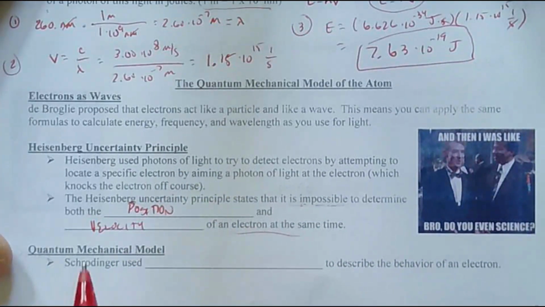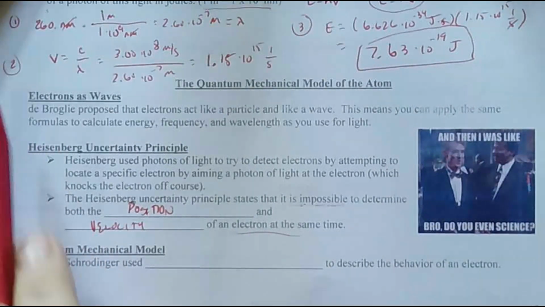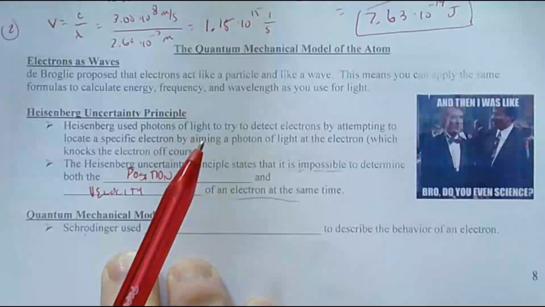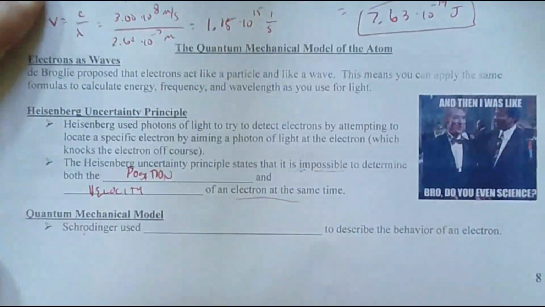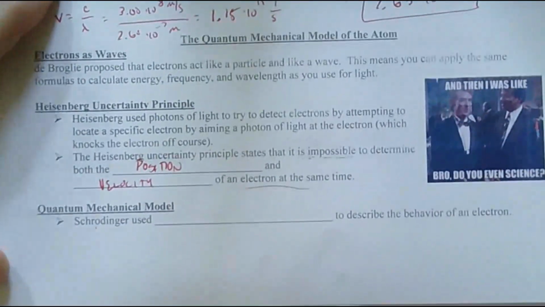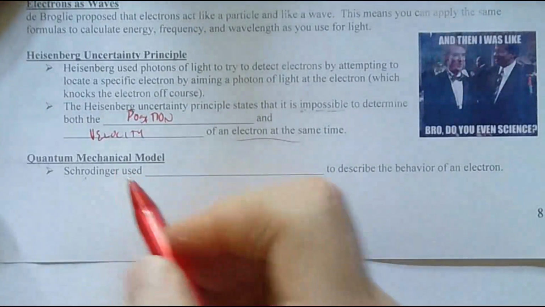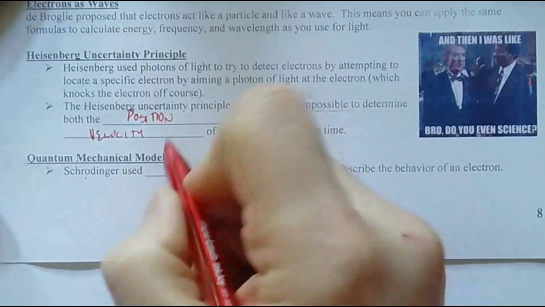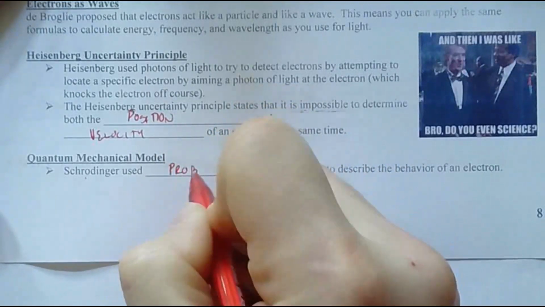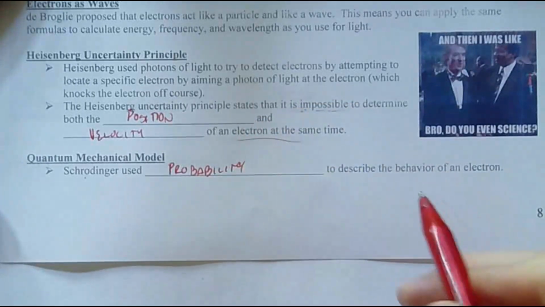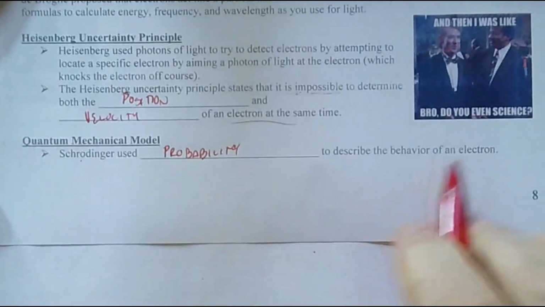This was kind of a lead up to what you've probably heard of, this gentleman called Schrödinger and the Schrödinger's cat type of thing, and the whole field of memes that spawned. So in the quantum mechanical model, Schrödinger was basically using probability as the basis to describe the behavior of electrons.